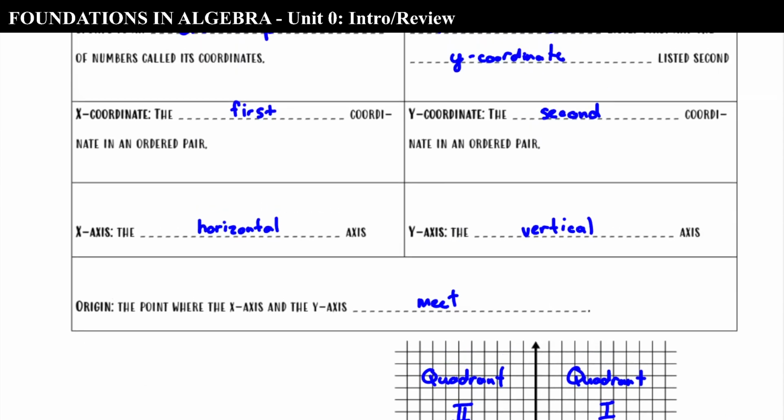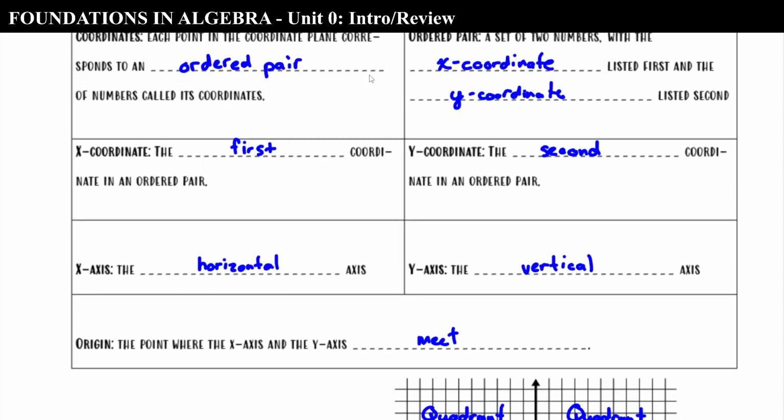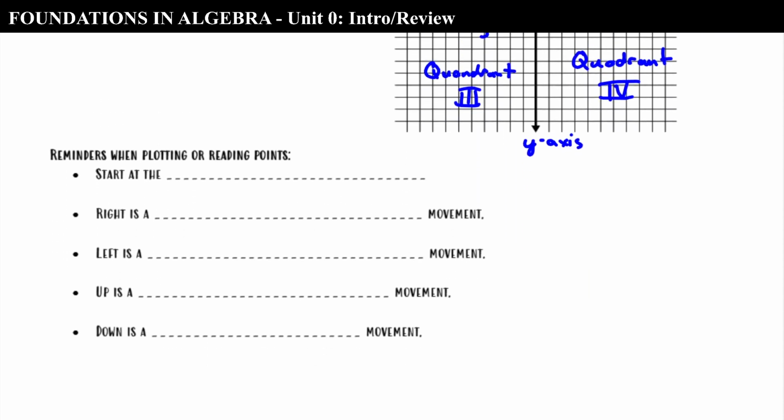I just happened to notice that I missed one little blank up here. When we talked about a set of two numbers with the x-coordinate listed first and the y-coordinate listed second, it's going to look like x, comma, y. So let's do a few reminders when plotting or reading points.